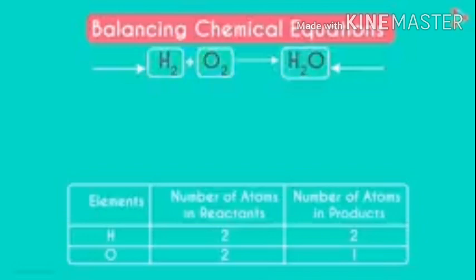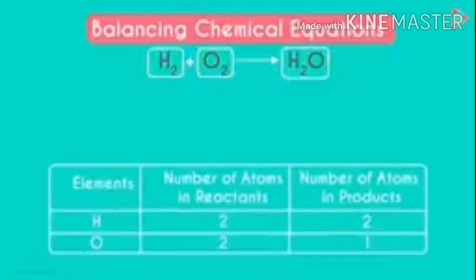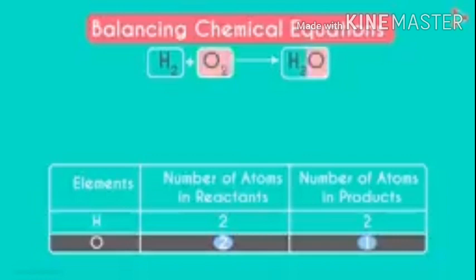Next, we will form a table which is shown here. Why did we draw the table? In the table you can see the number of oxygen atoms on the reactant side is not equal to that on the product side. It's 2 on the left and 1 on the right.